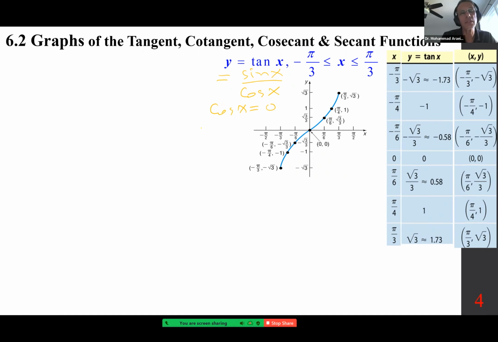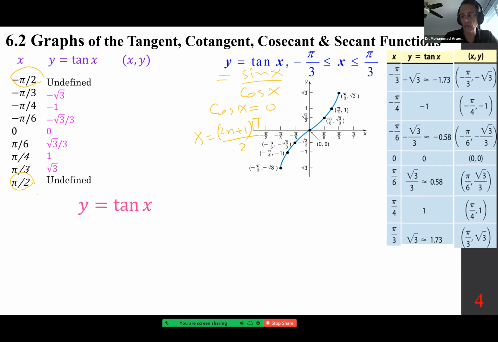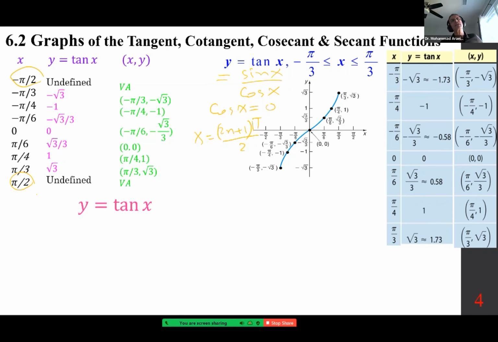And cosine is 0 when it's odd multiples of pi over 2. Therefore, if we were to graph this, we get the same values for all of them for negative pi over 2 and for pi over 2. For now, we're going to put undefined, but in essence, it's a VA, the vertical asymptote, as equation x equals minus pi over 2, x equals pi over 2.